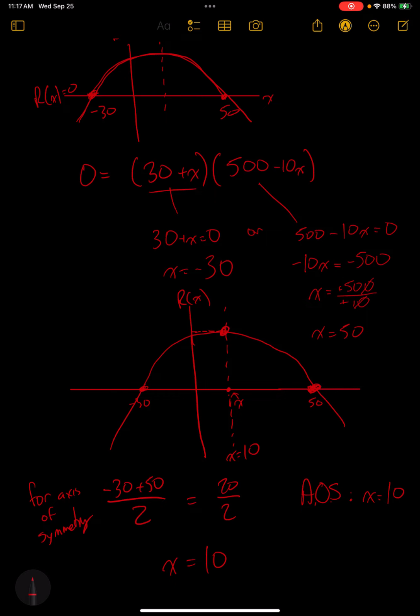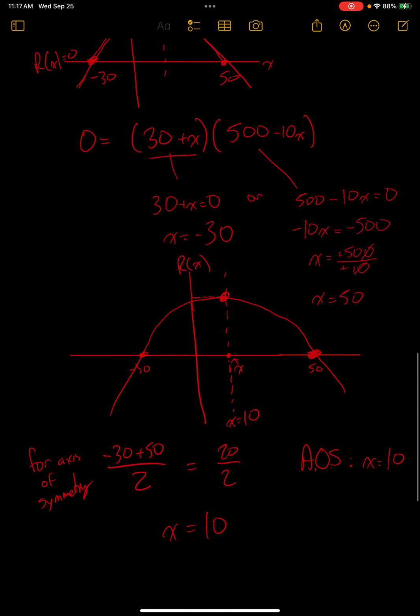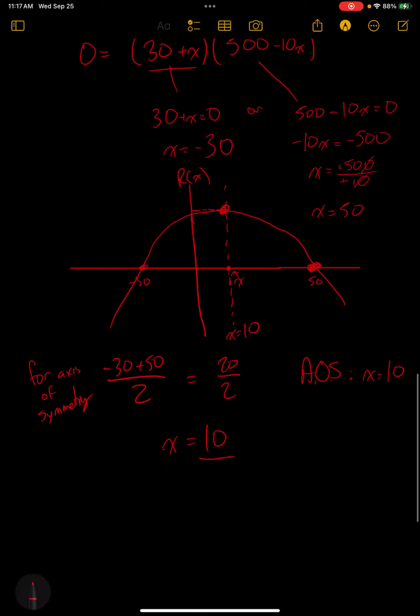What does that mean? It answers my question, what ticket price will maximize revenue? I have 10 price increases of $1 that will maximize revenue.